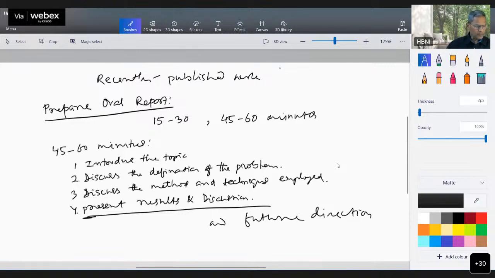That will help. And when you are preparing an oral presentation, it is always good to prepare a write-up before your oral presentation, and it will help you in the sense you can evaluate yourself when you write down.